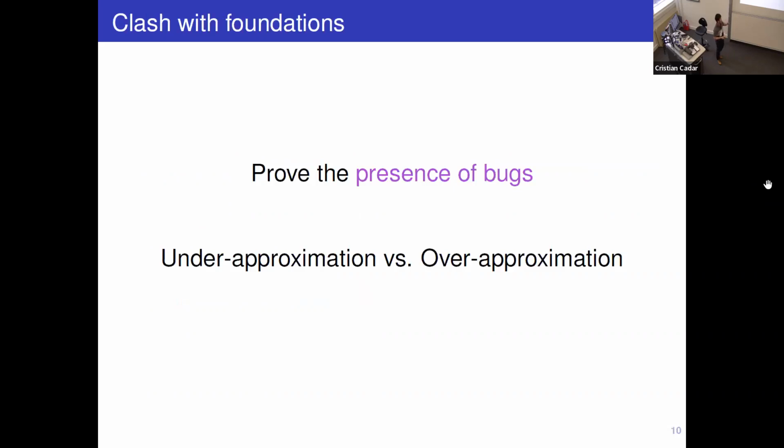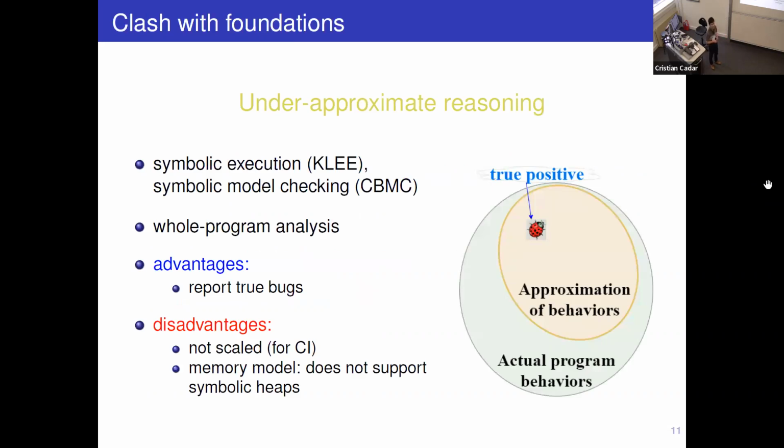So, the soundness foundation. When we set up a tool to find bugs, we talk about under-approximation and over-approximation. For example, KLEE and CBMC start from the main function and analyze the whole program, and because they under-approximate the behavior of the program, when they report a bug, that bug is inside the actual program behaviors.